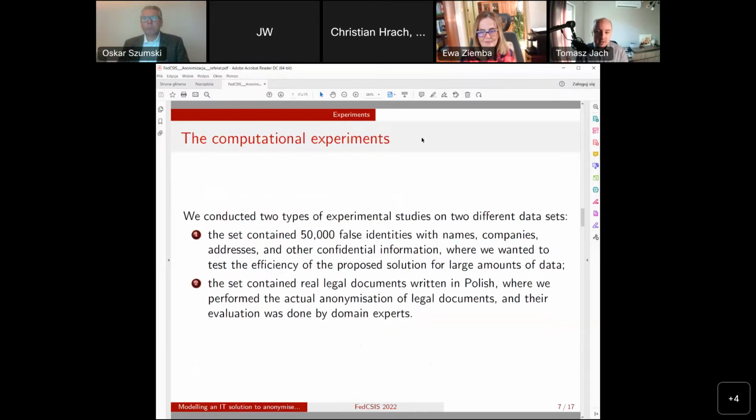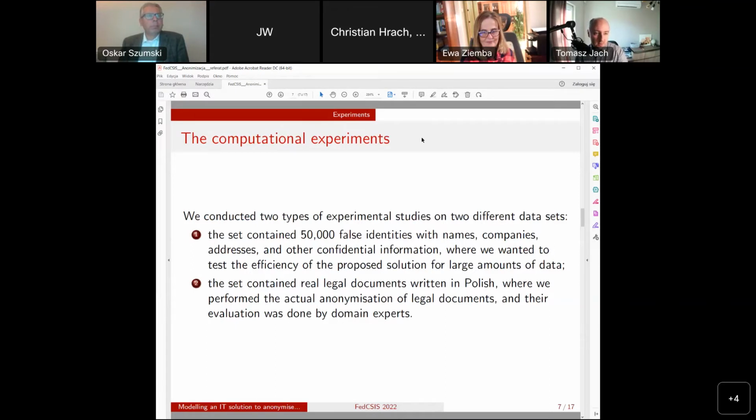The computational experiments were conducted over 2 data sets. The first one was an artificially created test that contained 50,000 false identities. So 50,000 rows, as in database terms, with names, companies, addresses, and other confidential or PII information, where we wanted to test the efficiency of the proposed solution on large amounts of data.